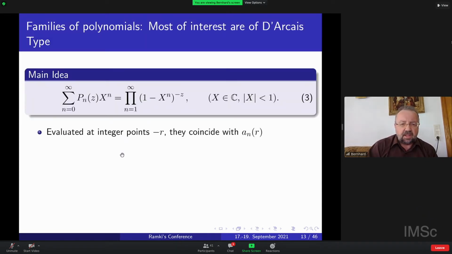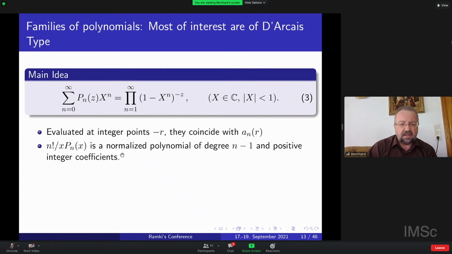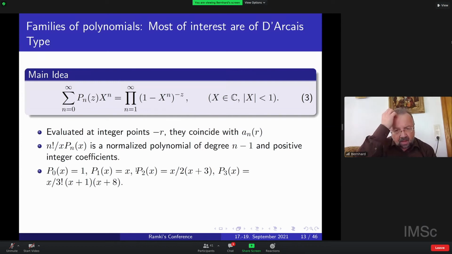So what does this mean? First of all, from the recursion, you can see when we multiply by n factorial and divide by x, then you get the normalized polynomial of degree n minus 1, and all coefficients are positive. They are even not 0. And they can recursively, of course, be written down.